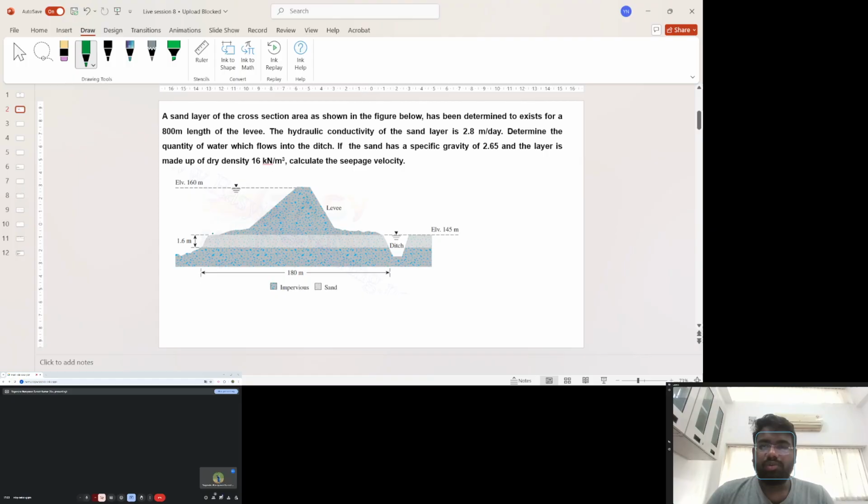The length in the third dimension, in this direction, goes up to 800 meters, that is L. And the thickness of the sand layer is 1.6 meters.